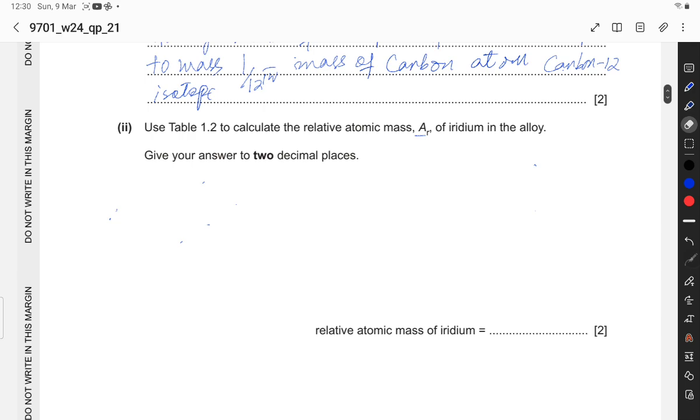Next, use table 1.2 to calculate the relative atomic mass of iridium in the alloy.